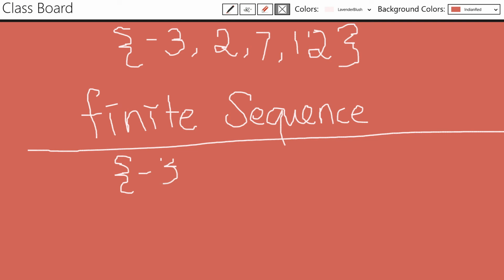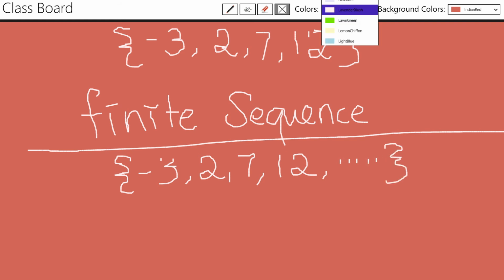If you had -3, 2, 7, 12, and you see this little dot going on, at this point, this would be your infinite sequence. Why? Because it goes on forever. Infinitely many. It's infinite, without end.